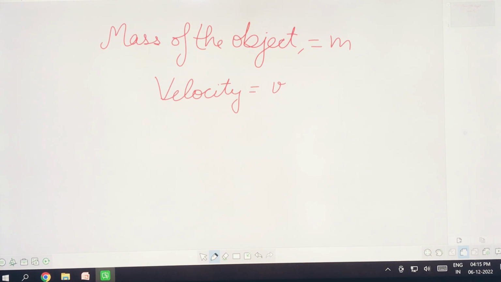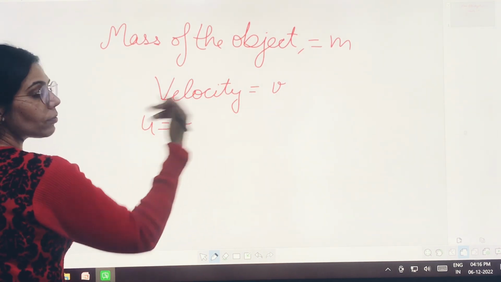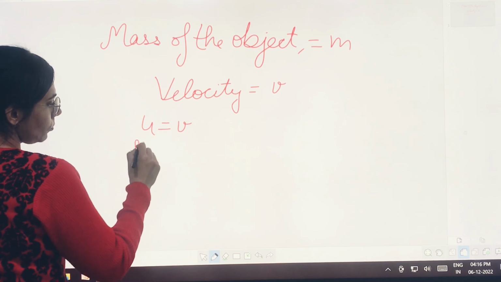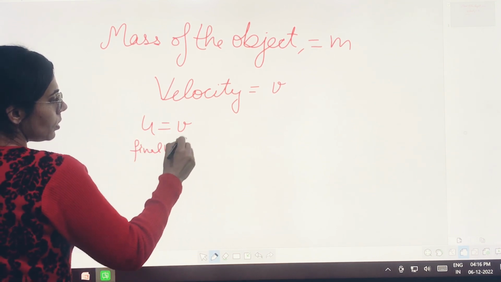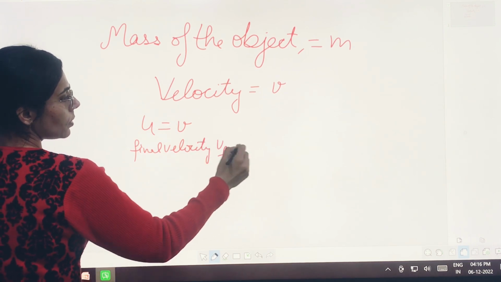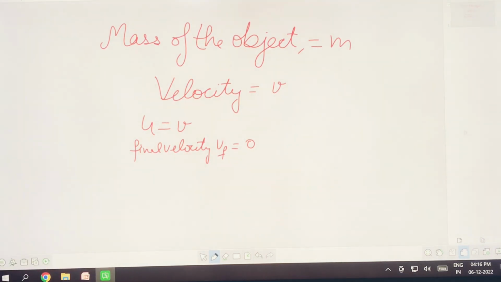We need to find out how much work should be done to bring the object at rest. The final velocity you can consider as 0 over here, because we need to bring that object at rest. And obviously we need to calculate the work done over here.